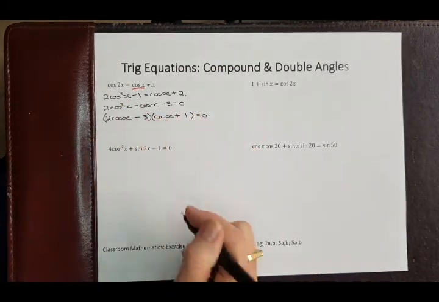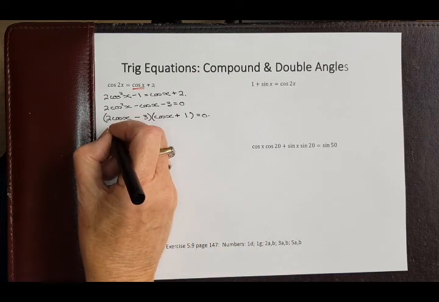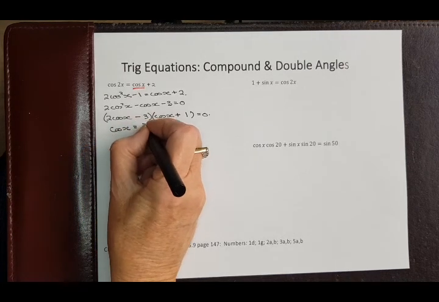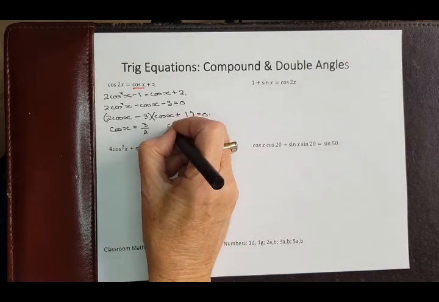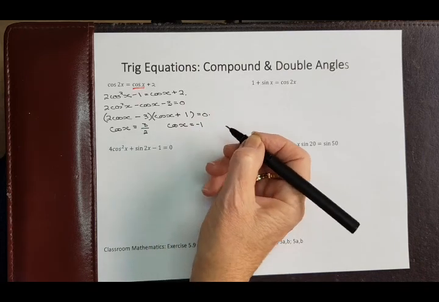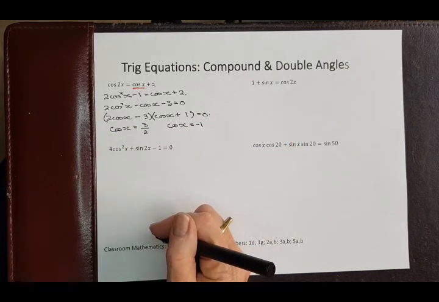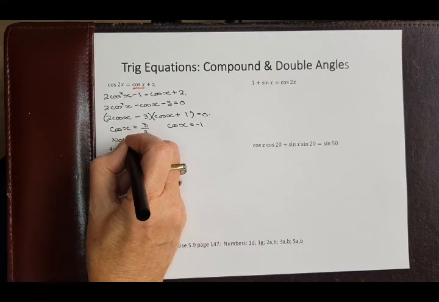All I do is put each bracket equal to 0. So in this case, I'm going to land up with cos of x is equal to 3 over 2. Over here, I'm going to get that cos of x is equal to negative 1. The moment cos is bigger than 1, when you try and arc cos 3 over 2, you are going to find that there is no solution.